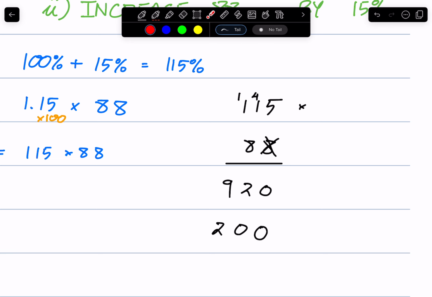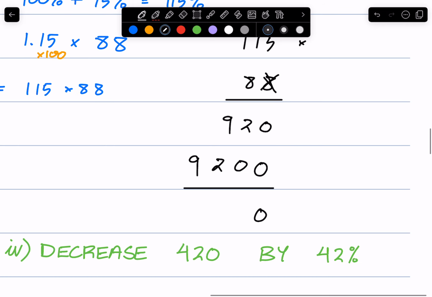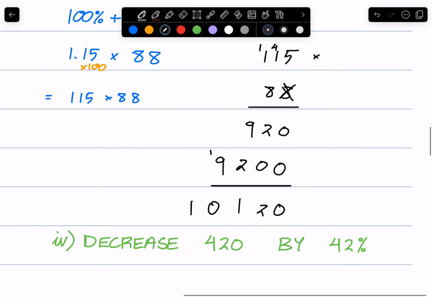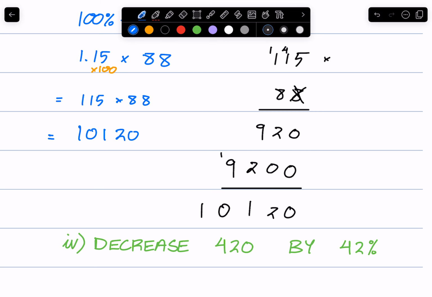And then 1 times 8 is 8 plus the 1 gives us 9. Adding everything together, this gives us 0, 2, and then 10. So this gives us 1, 0, 1, 2, 0.